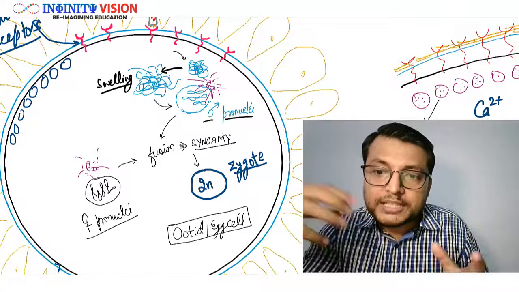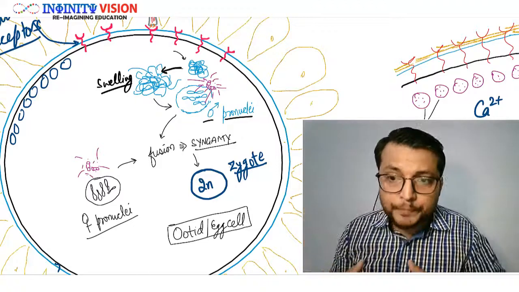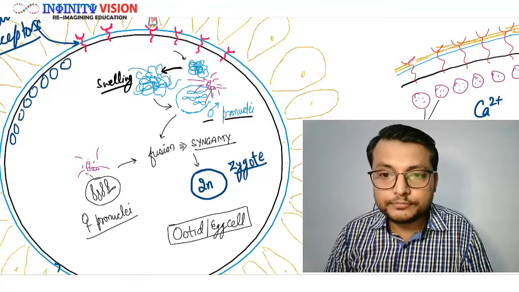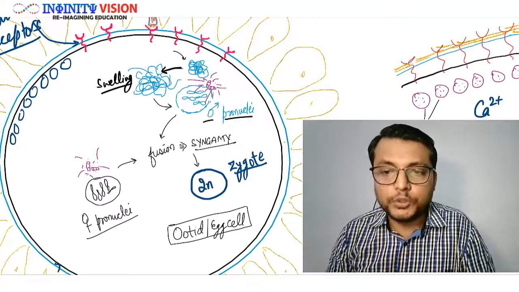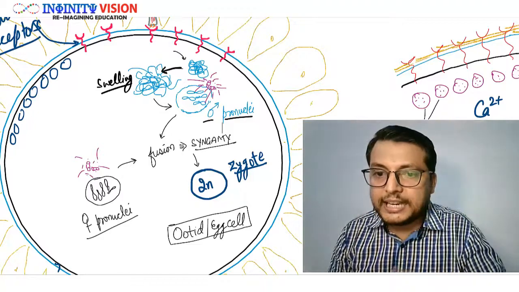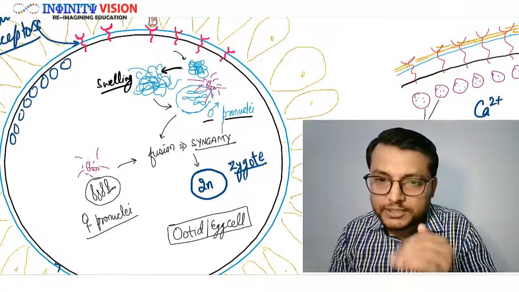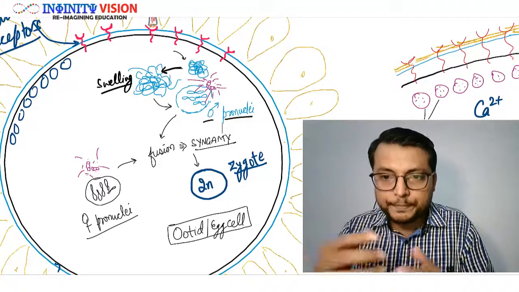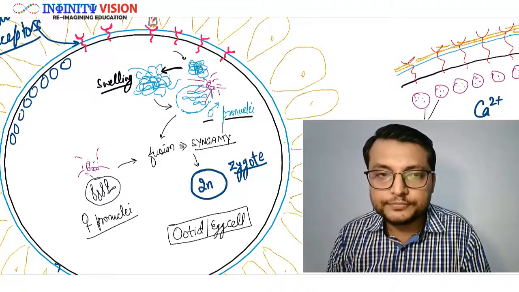But the secondary oocyte was unable to do so because it was lacking centriole. The sperm that has recently entered into this secondary oocyte has brought with it an extra pair of centriole, right?